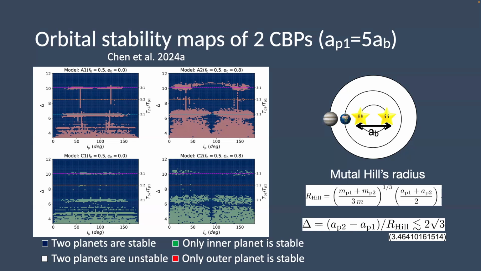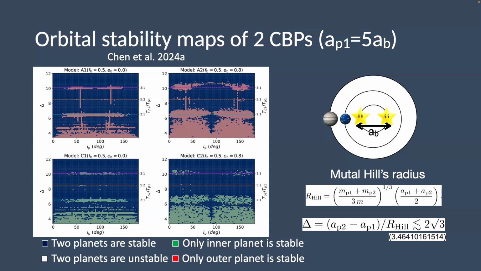The y-axis is the mutual Hill radius between the two planets, and there's a criterion. If this delta, the mutual Hill radius, is smaller than 2 times square root 3, roughly about 3.4, then they should be unstable.